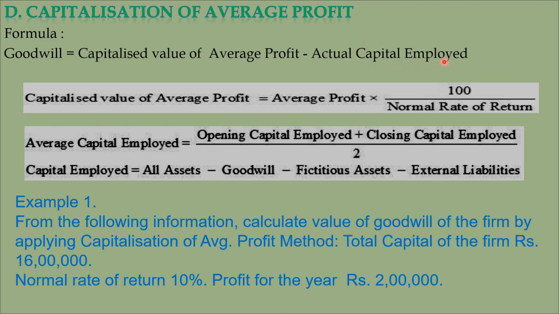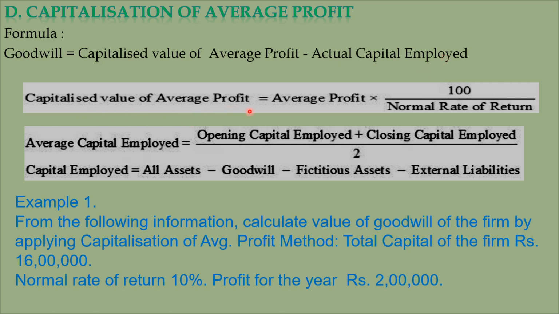Actual capital employed is the capital investment at the time of starting the business. Now the business will run and profit will be earned. On the basis of profit, what is the capitalized value which comes from average profit? That you have to find out, and this is the formula.